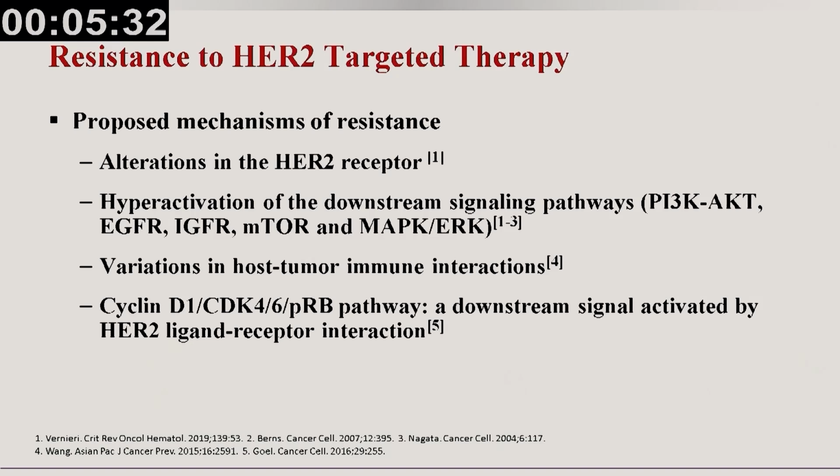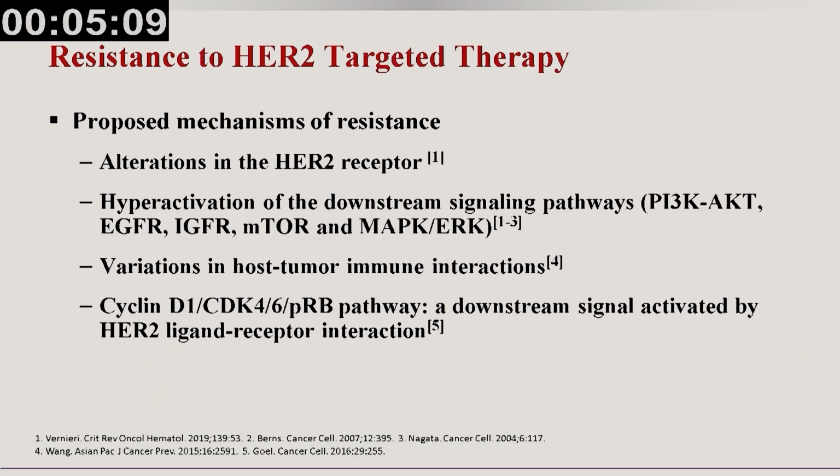One of the important things is truncation of the HER2 receptor, by which the receptor loses the extracellular domain and acts only through the intracellular domain, wherein we can't use monoclonal antibodies. We need to resort to the small molecules or the tyrosine kinase inhibitors.